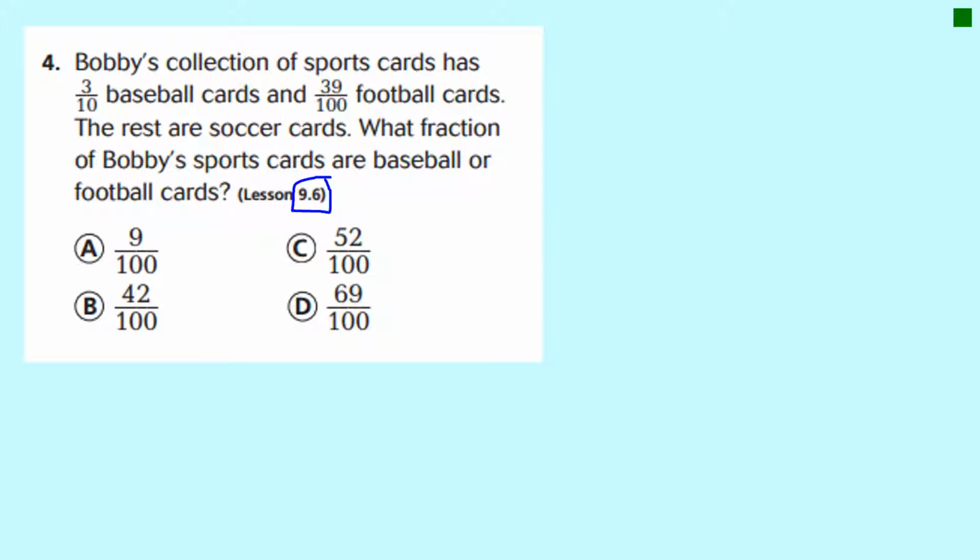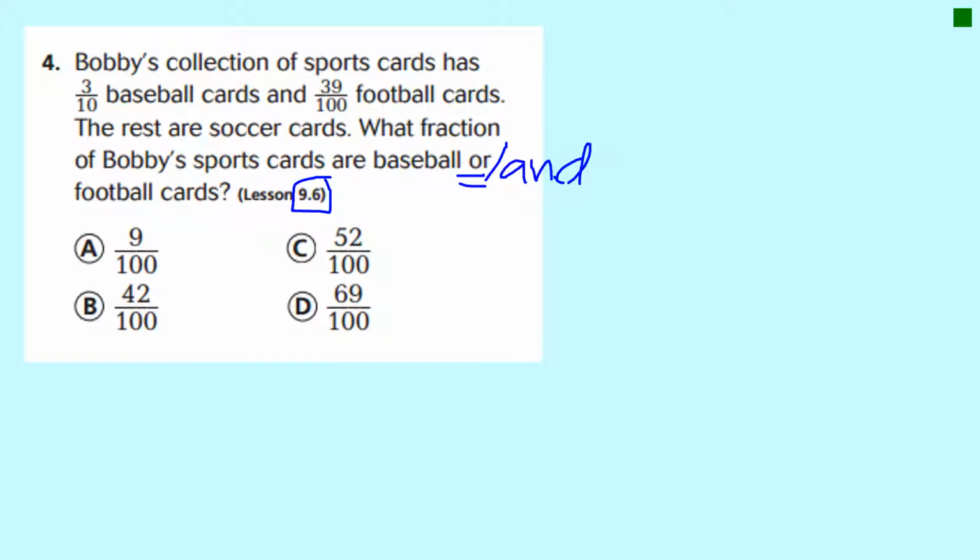Okay, so this is a little odd the way that they word this when they say or. It really means together. What fraction of Bobby's sports cards are baseball and football cards? Okay, they want to know if you piled up all the baseball and the football cards, how many would you have?